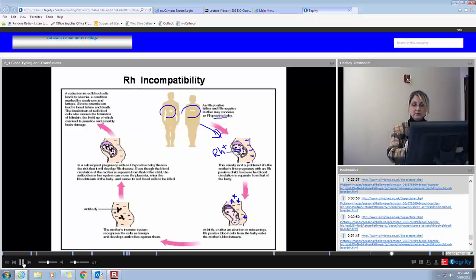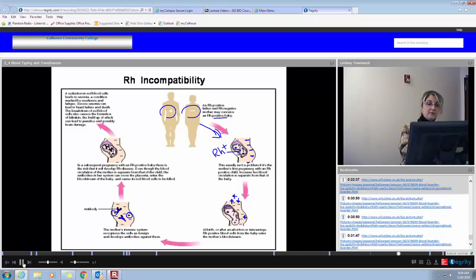Okay, so mom delivers this baby, and baby is fine, but now remember, mom's immune system has been exposed to that Rh positive blood now, so she's carrying Rh antibodies. All right, no problem. Now we got these little antibodies, and antibodies are Y-shaped. Well, those antibodies are going to be against those Rh positive erythrocytes, right?